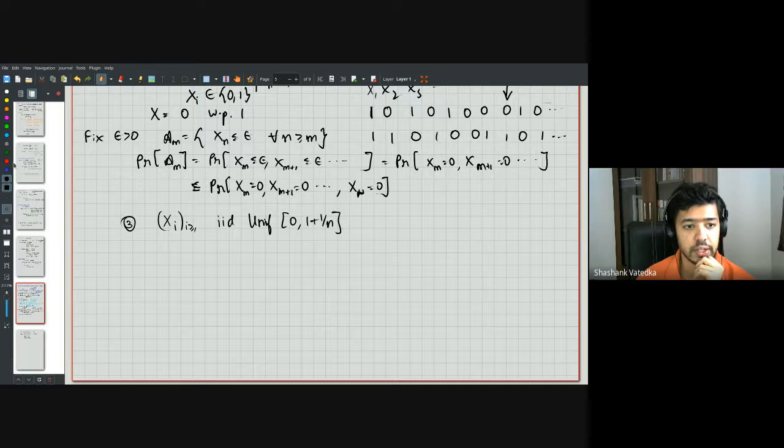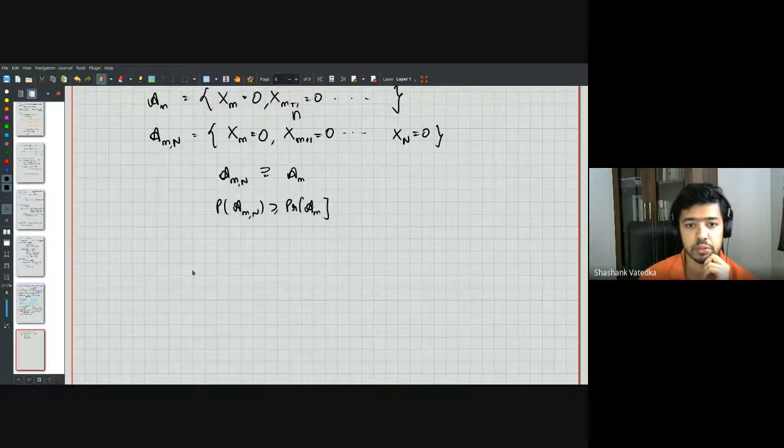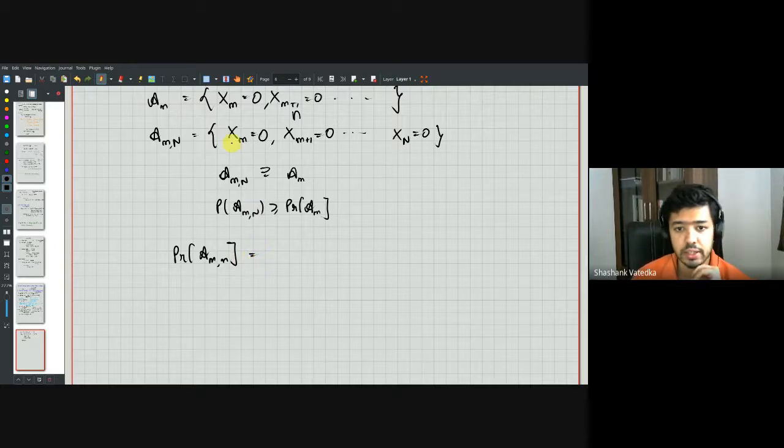Now that we have that, what is the probability of AM comma N? You know that xm plus 1 up to xn are all independent random variables. So what is the probability that this happens?